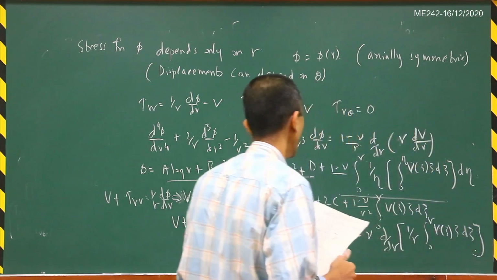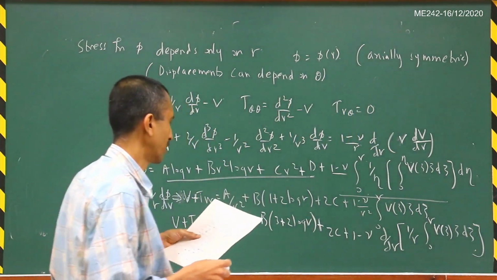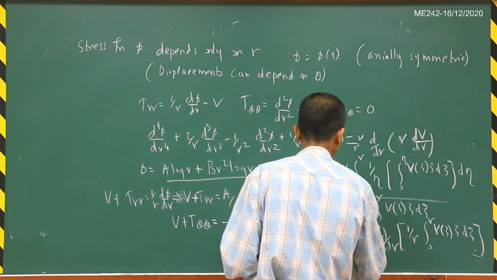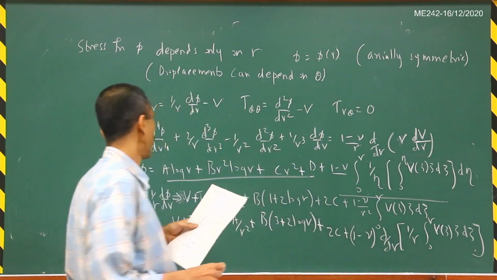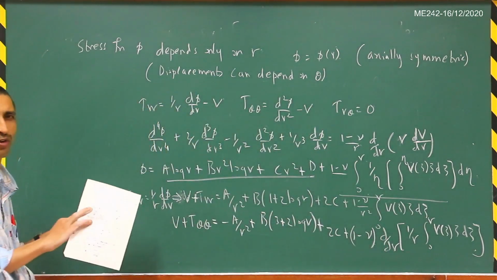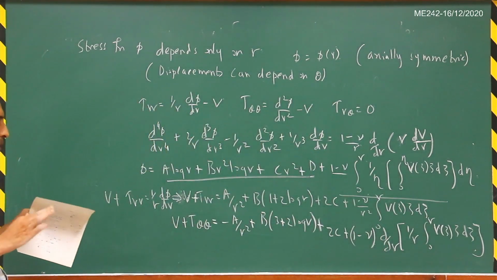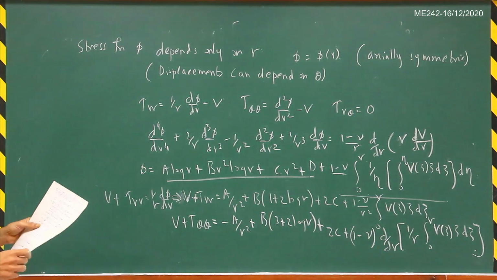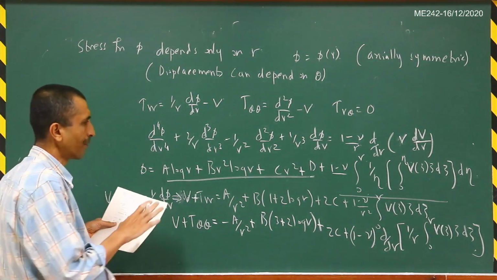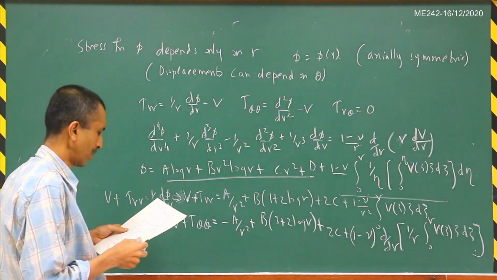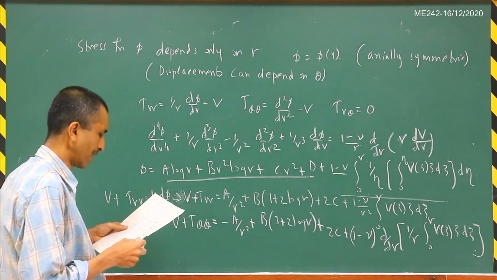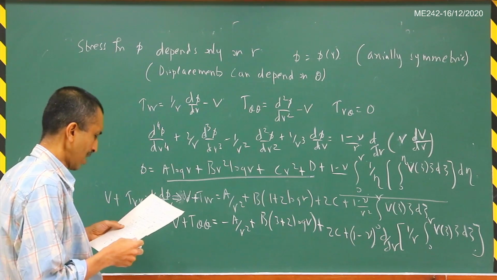So this is the expression for tau theta theta. As I keep repeating, you don't have to memorize all of these relations here. We are just trying to set up the whole thing.